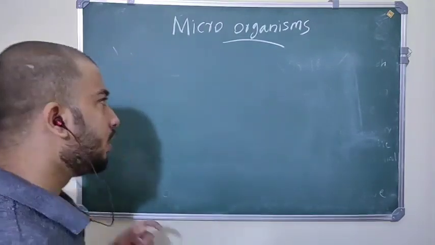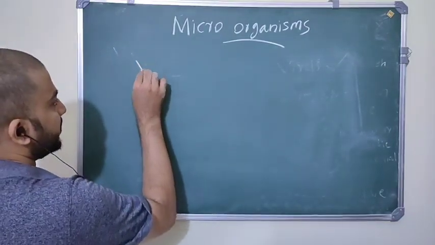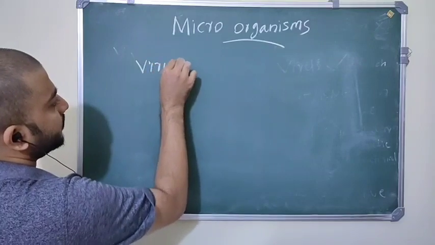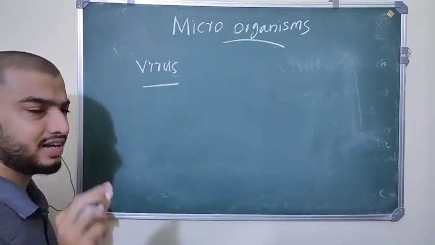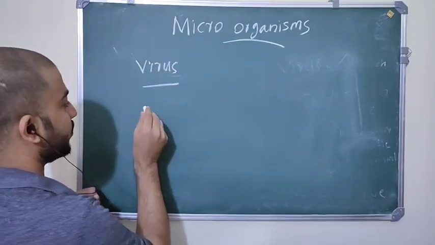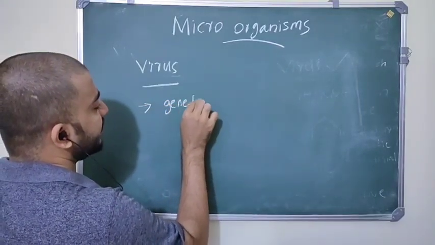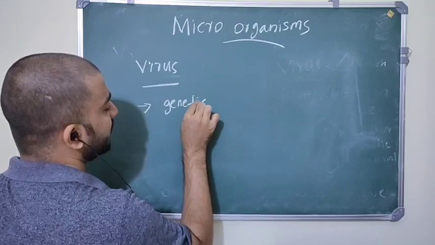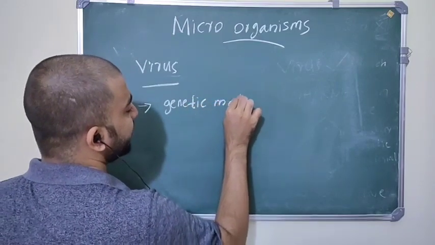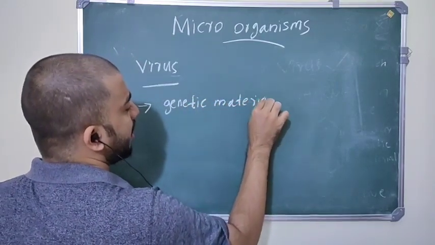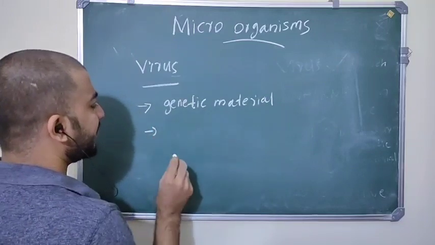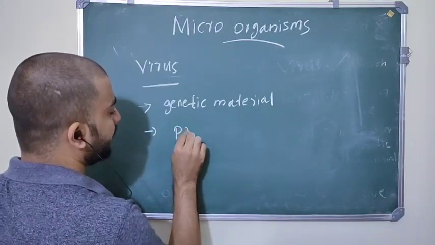The structure of virus mainly consists of genetic material, and this genetic material is protected by a protein coat.